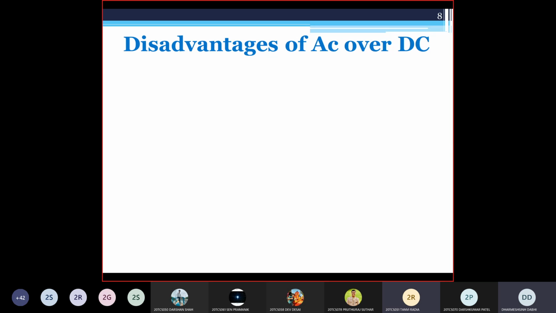Suppose the peak magnitude of the AC current is 20 ampere, and the same amount of current, 20 ampere DC, is available. Then again AC is more dangerous as compared to DC? No, sir, not. But only in case of peak value. Okay. Any other reason? Anyone?